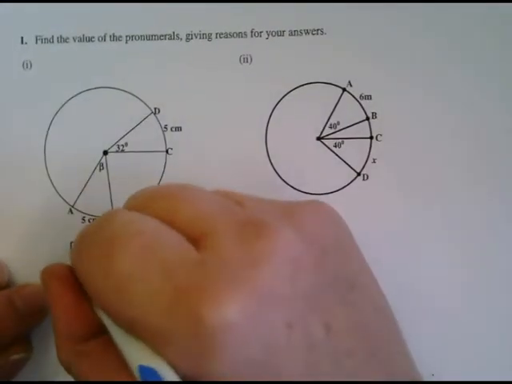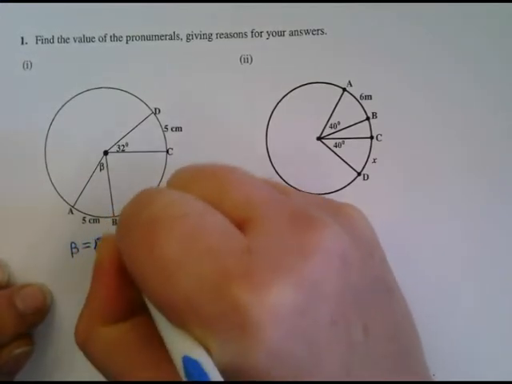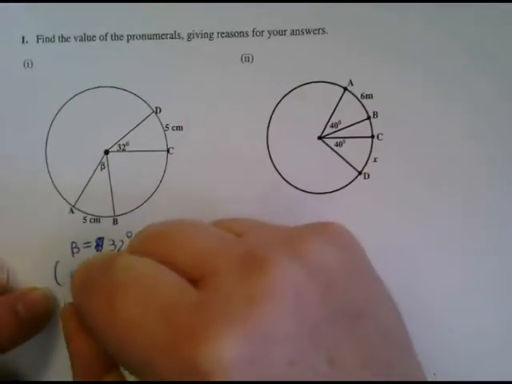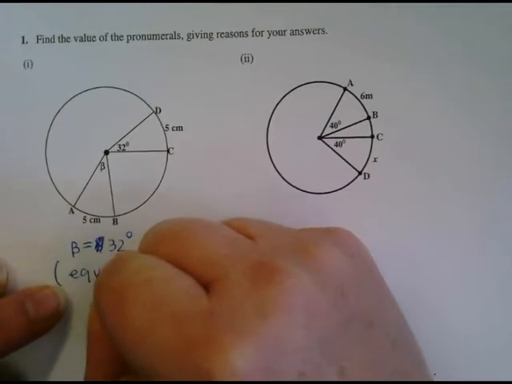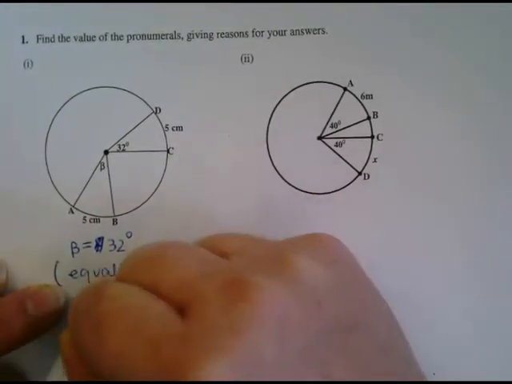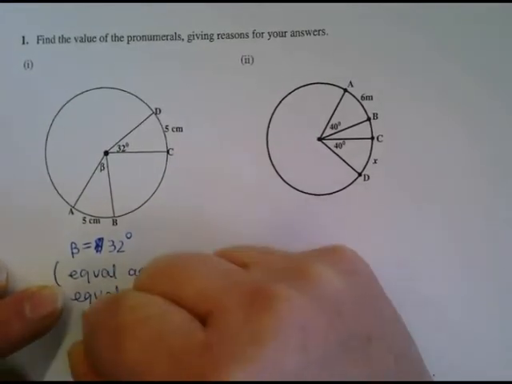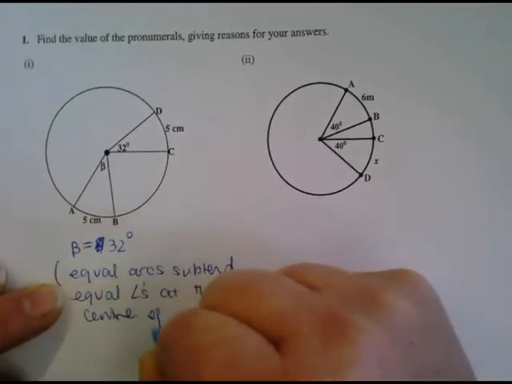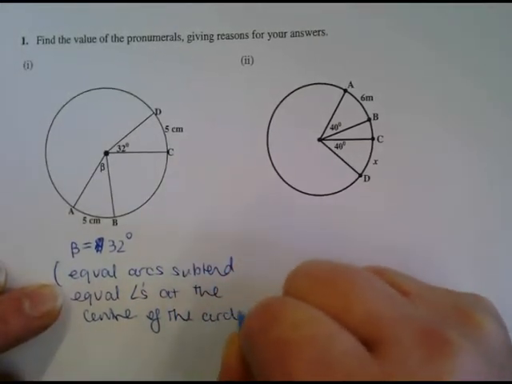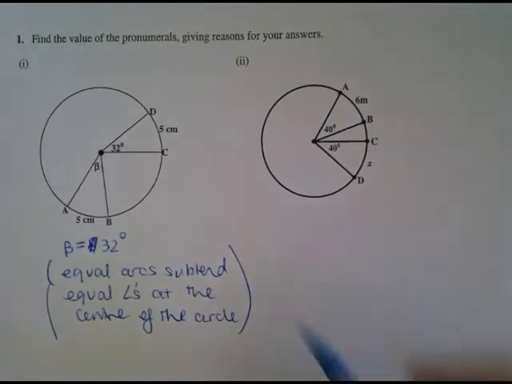So you would say beta equals 32 degrees, reason: practicing the theorems, what's the theorem? Equal arcs subtend equal angles at the center of the circle. That's that theorem. So sometimes you're going to use the converse. All right, so beta would be 32.